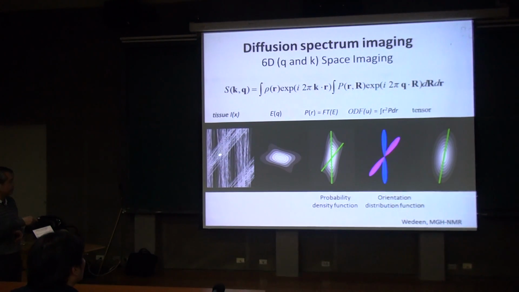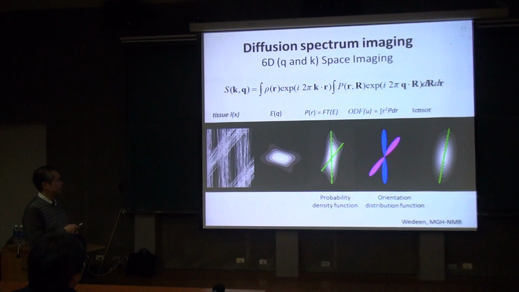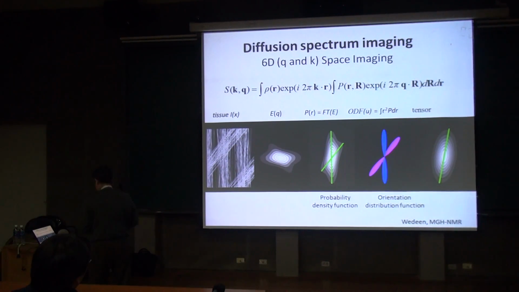If there is crossing, we can still determine the direction of the fiber crossing, like this. As compared to the tensor, which can only determine one single direction, and this direction is incorrect. But using diffusion spectrum imaging, because we measure the probability density function, we can actually determine these fiber crossing directions. So this is the reason why we need to develop diffusion spectrum imaging, to solve the fiber crossing problem.